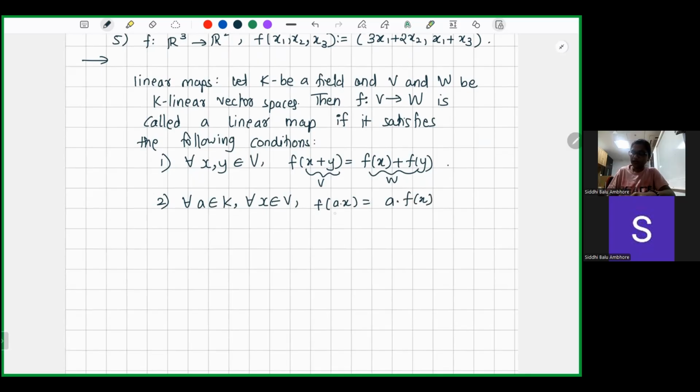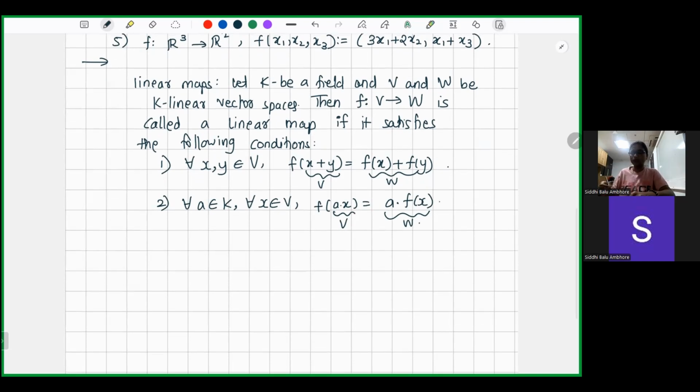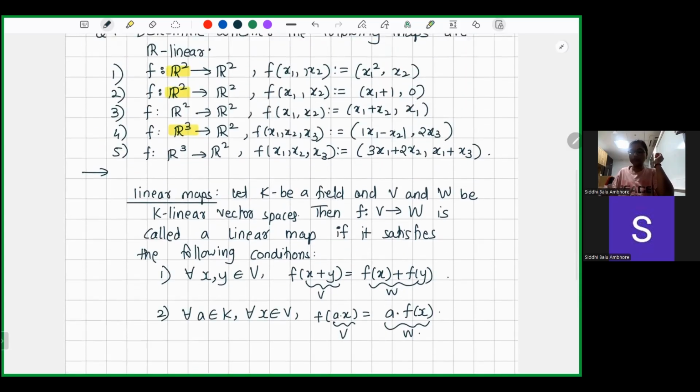So this scalar multiplication here is happening in V and this is happening in W. So this is what a map being linear means, if it satisfies these two conditions. So we have to check whether these two conditions are satisfied for these maps here.